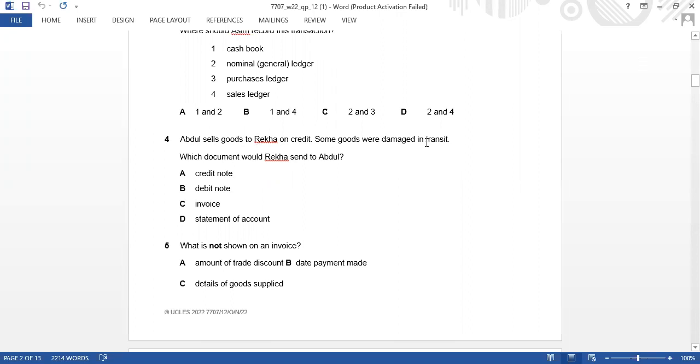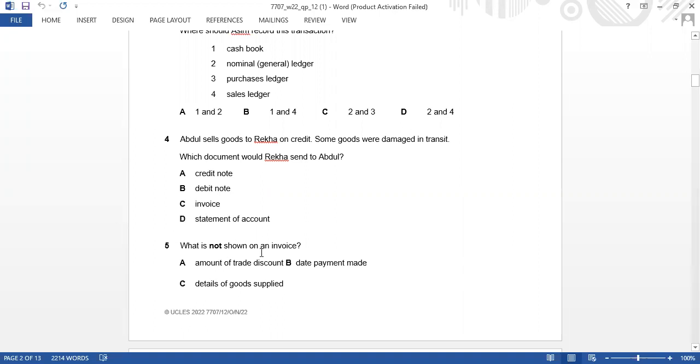Some goods were damaged. That means Rekha needs to send some document to Abdul for return. So Rekha is a customer. Customer sending any document to Abdul, that would be a debit note. If Abdul sends any document to Rekha, that would be a credit note. So B is the answer.